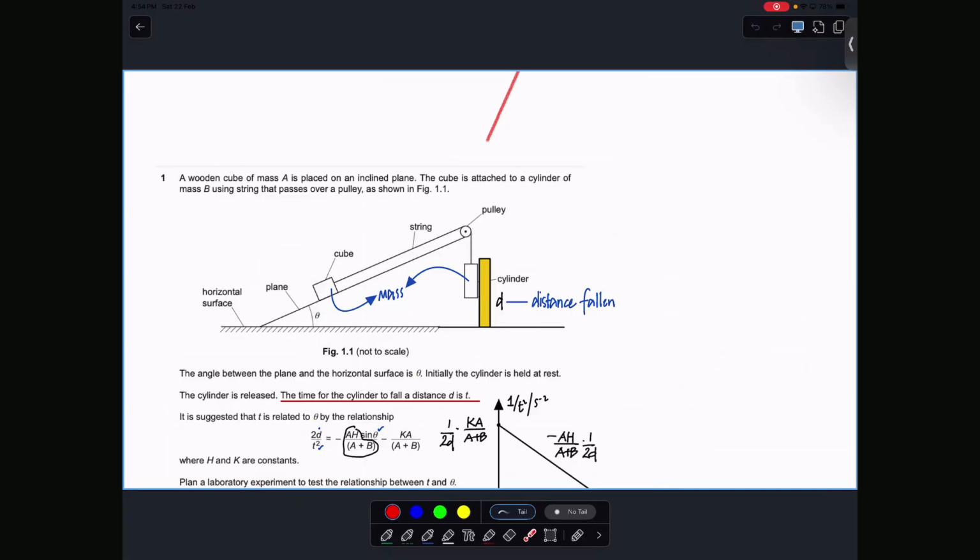Any confusion? No. Okay. Take out the next one. This is 23, right? May, June. Take out October, November 23. October, November 23, 5-1.